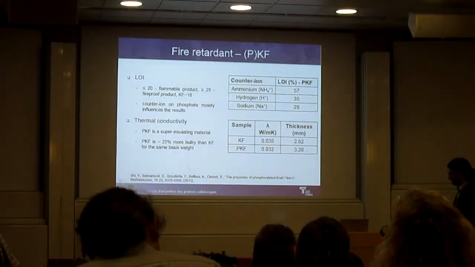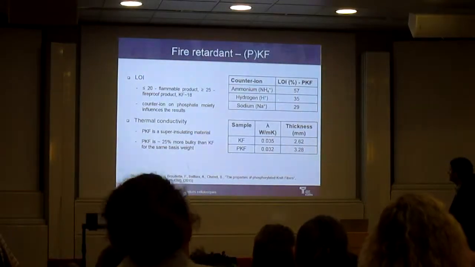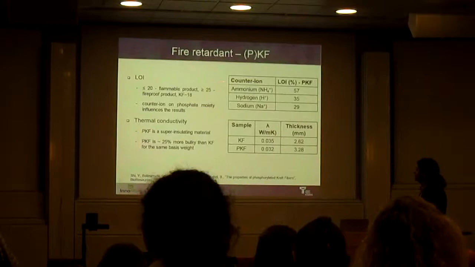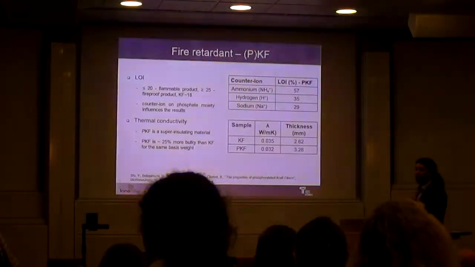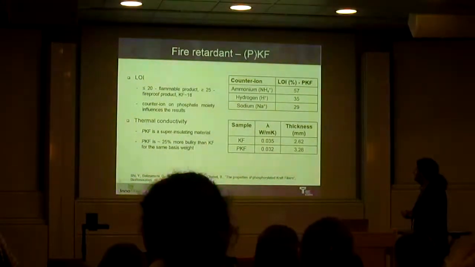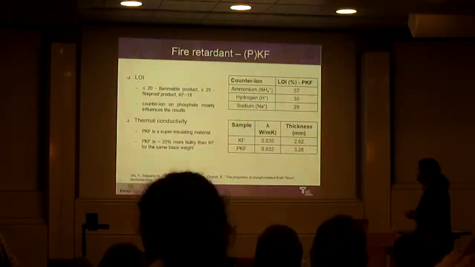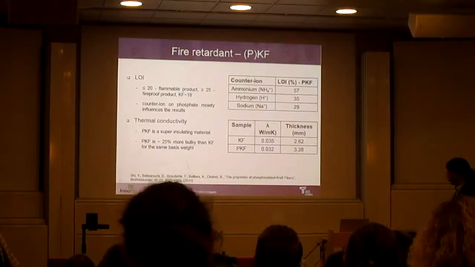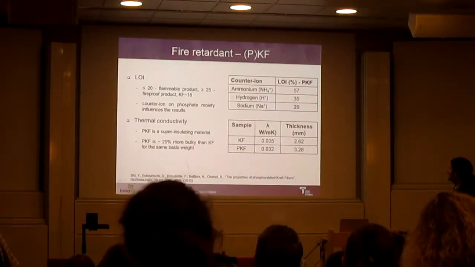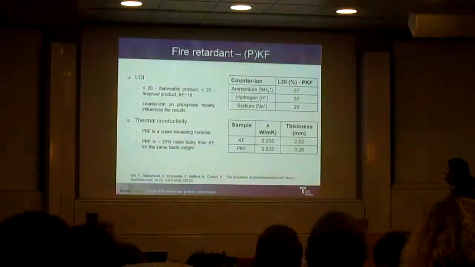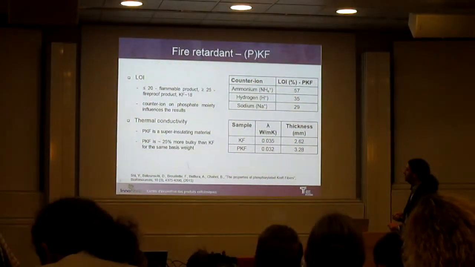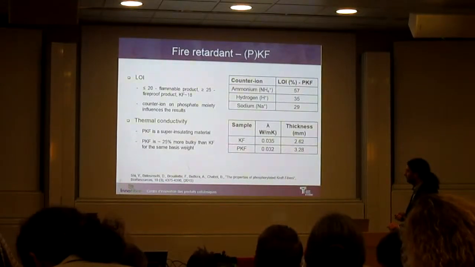But what is more important to observe here is that the nature of the counter-ion on the phosphate grafted on the fibers greatly influences the flame retardant behavior. So we see that we have a synergy between nitrogen and phosphorus in terms of fire retardant properties.